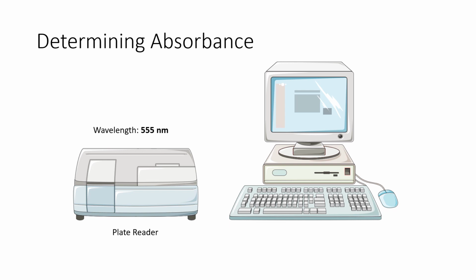And as recommended by the manufacturer specifications, in other words, from BioColor for the collagen assay kit that we're using, the recommended wavelength for the Sirius red dye that binds to the collagen is 555 nanometer. So we specify that wavelength with the instrument, and then we can subsequently proceed to determine the absorbances of our collagen solutions within our samples, or derived from our samples, as well as from the standards that we prepared.